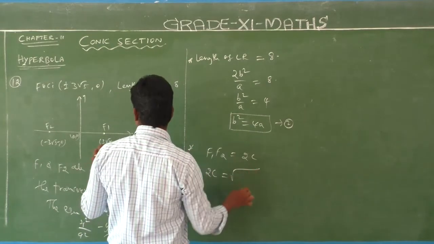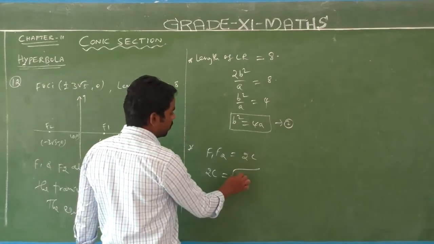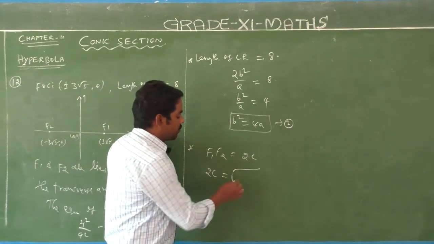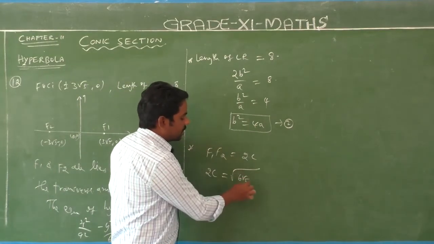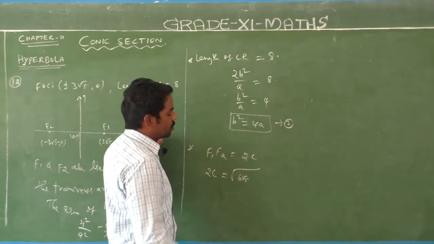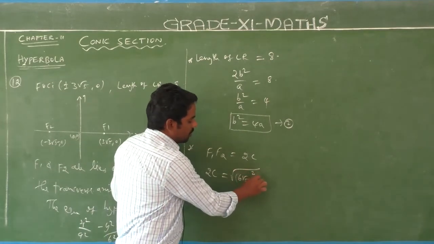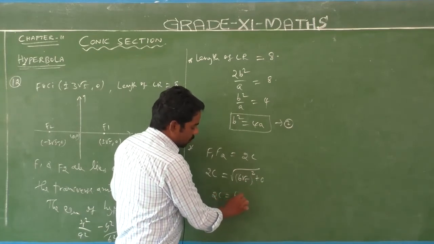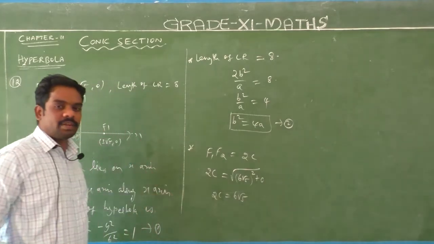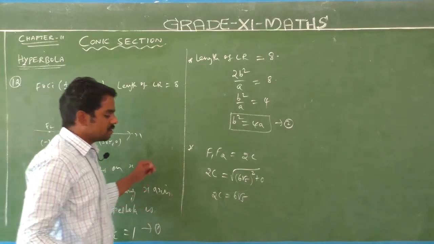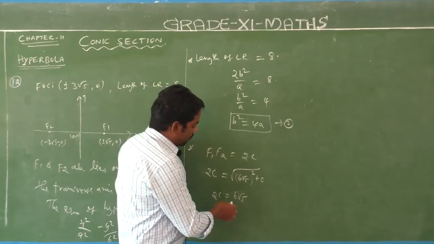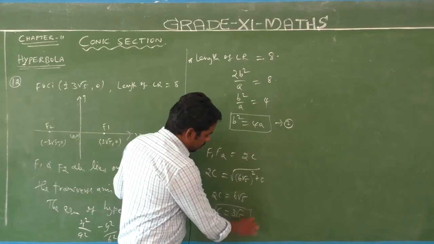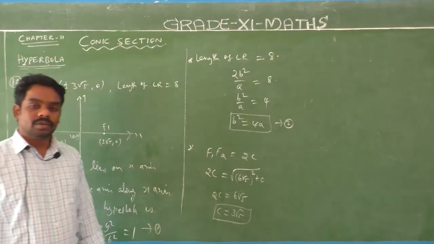So root of (3 root 5 minus of minus 3 root 5), so 3 root 5 plus 3 root 5, the whole square. 2 into 3 root 5 is 6 root 5, the whole square, plus 0. So 2c is equal to 6 root 5. So c is equal to 3 root 5. The c value is 3 root 5.